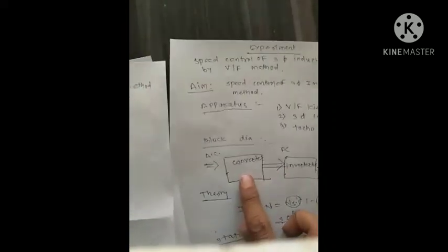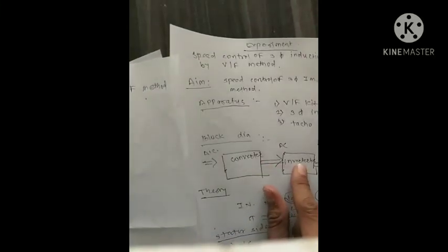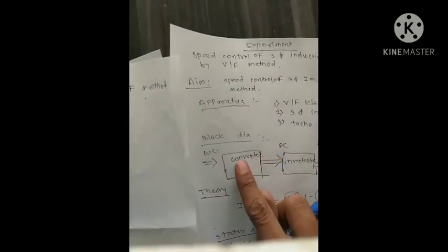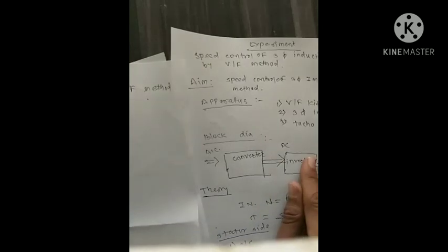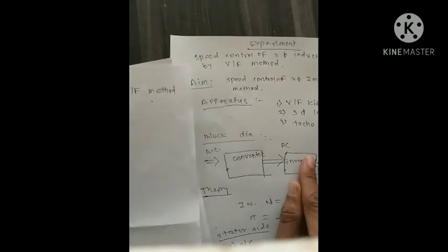Here the converter and inverter are used to convert AC to DC and DC to AC, and the V by F ratio is maintained constant, so smooth speed control is possible. So I did the experiment and took some readings.